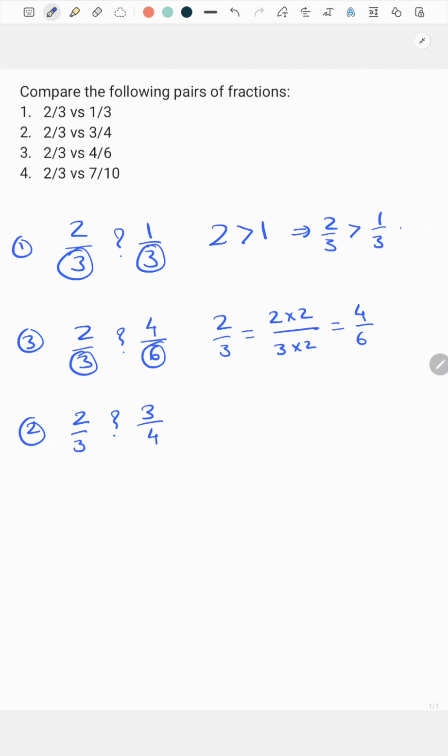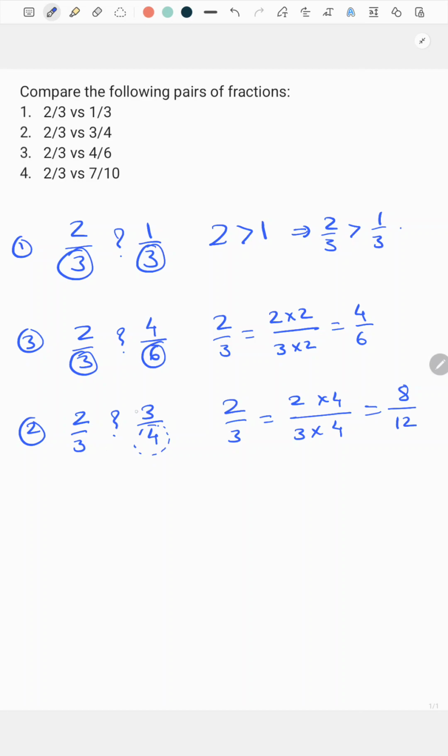Which one is larger and which one is smaller here? 3 and 4 are not multiples of each other. 3 does not divide 4, and 4 does not divide 3. So the way to do this is to multiply the numerator and denominator of the first fraction by the second denominator. So 2/3 is equal to 2 times 4 divided by 3 times 4. I'm multiplying the numerator and denominator of the first fraction by the denominator of the second one, which becomes 8 divided by 12.